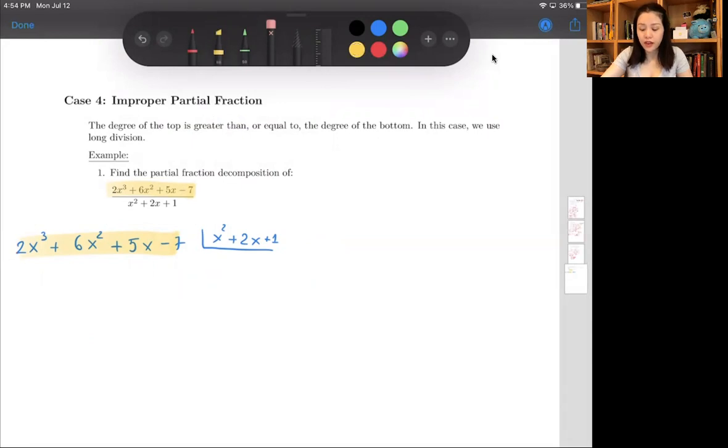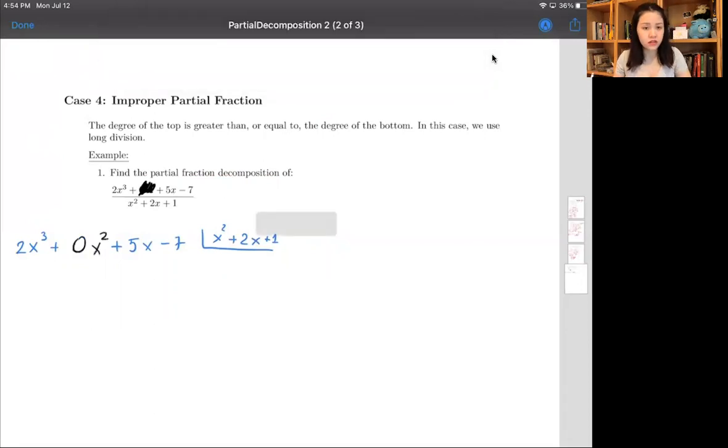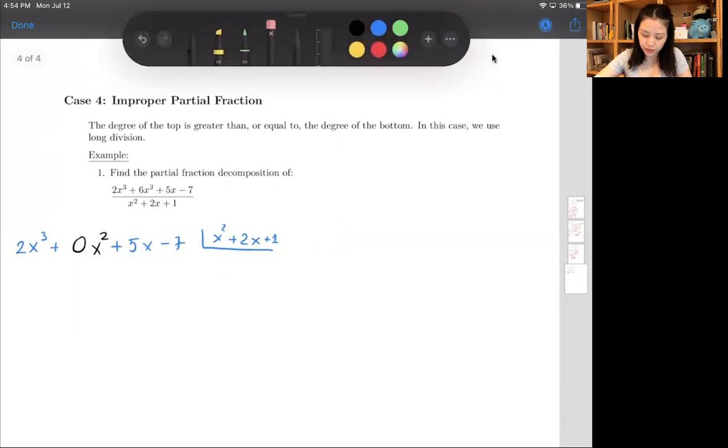Hypothetically, if I don't have the x squared term, I just have to put 0x squared here. So make sure that every degree of the dividend is included. Let me put 6x squared back.